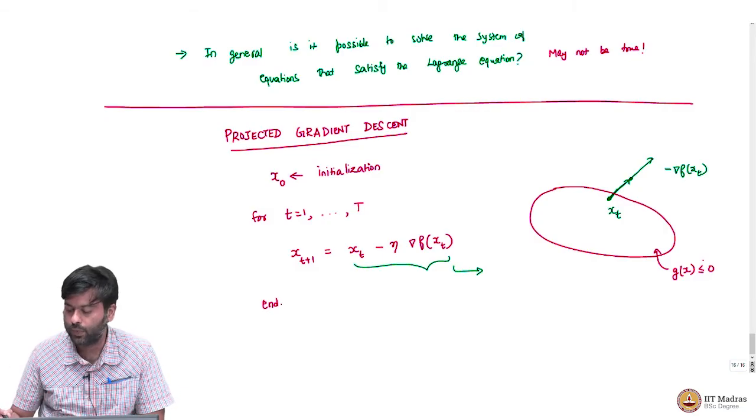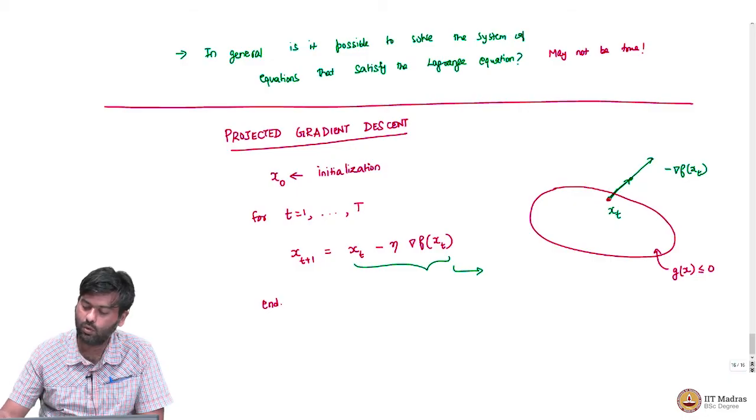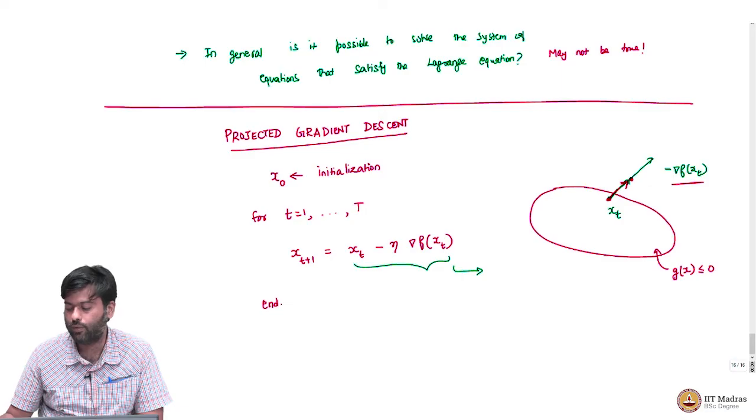My function actually decreases in this direction, but I might potentially take a step that will take me out of the feasibility set.